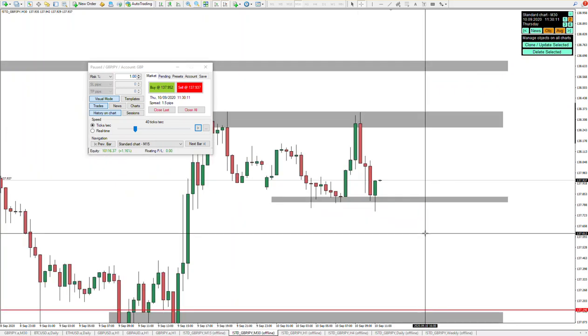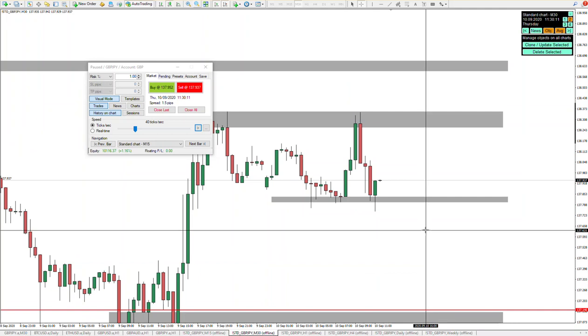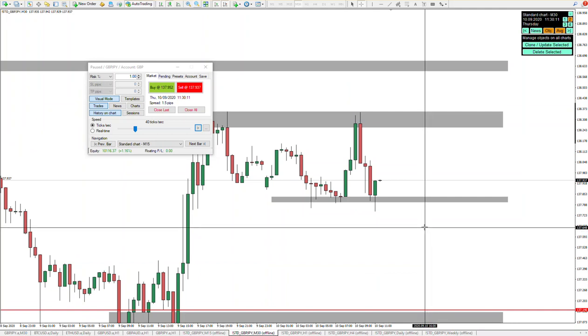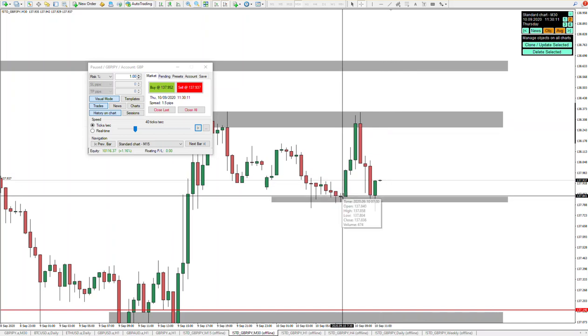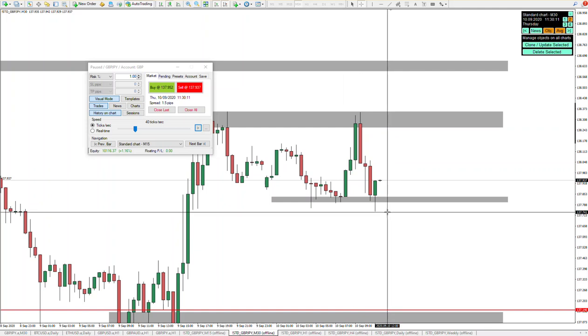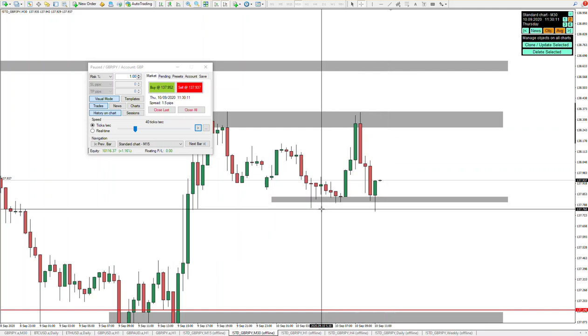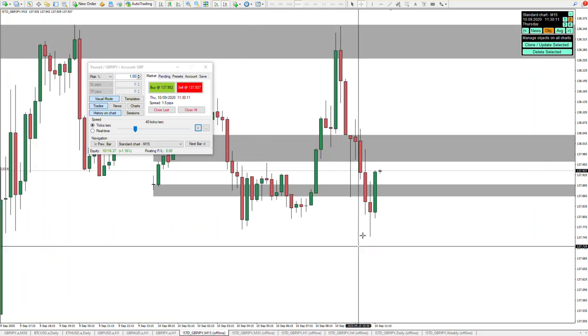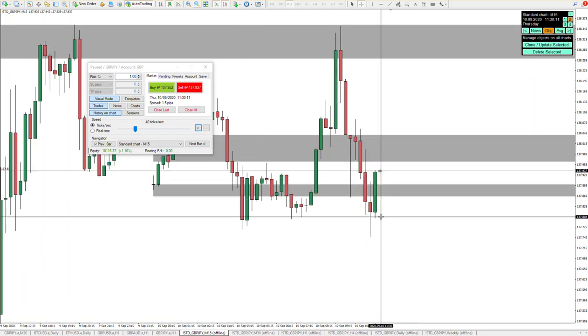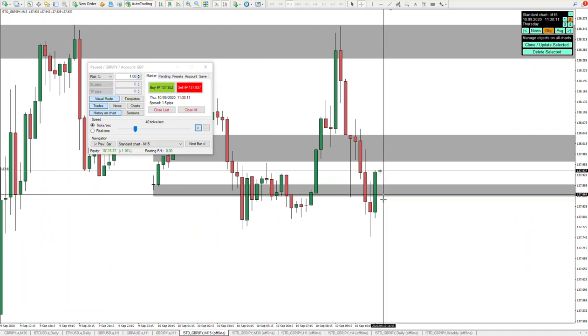M30 respecting this support, rejection of this wick. Very interesting to buy from here. M30 engulfing, higher low, higher high.